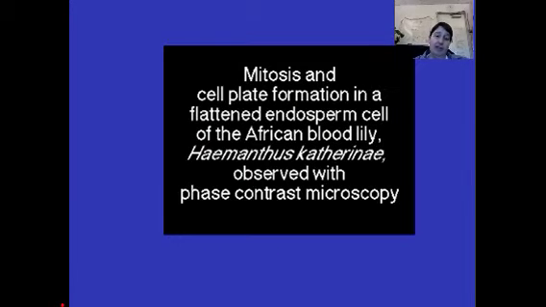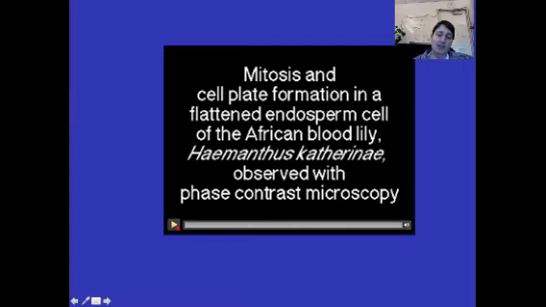So this is a great video. I love this video. It's specifically looking at a blood lily, which is a plant cell. The chromosomes in these plant cells are huge, and you can see very easily this process. So watch and see what you can see.